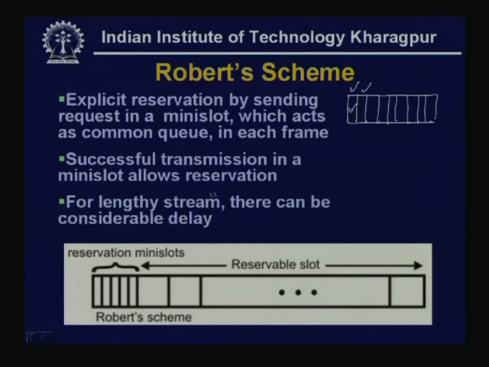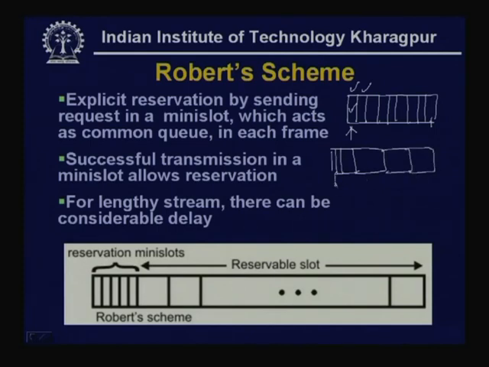A successful transmission in a mini slot allows reservation, that means it is not explicitly for a particular station. If a particular station is successful in transmission in a particular mini slot, suppose in mini slot 1 a particular station has transmitted, then it books slot number 1, and this is the mini slot and here are the other slots, let us assume.